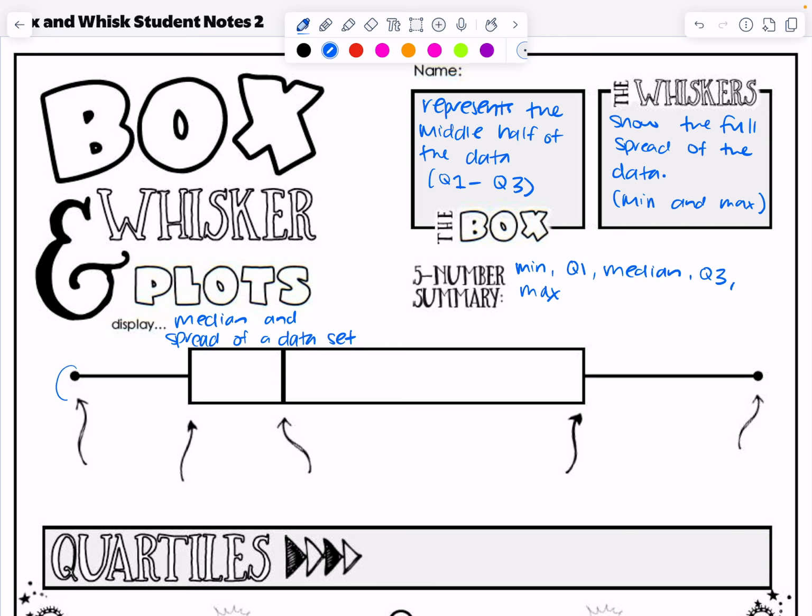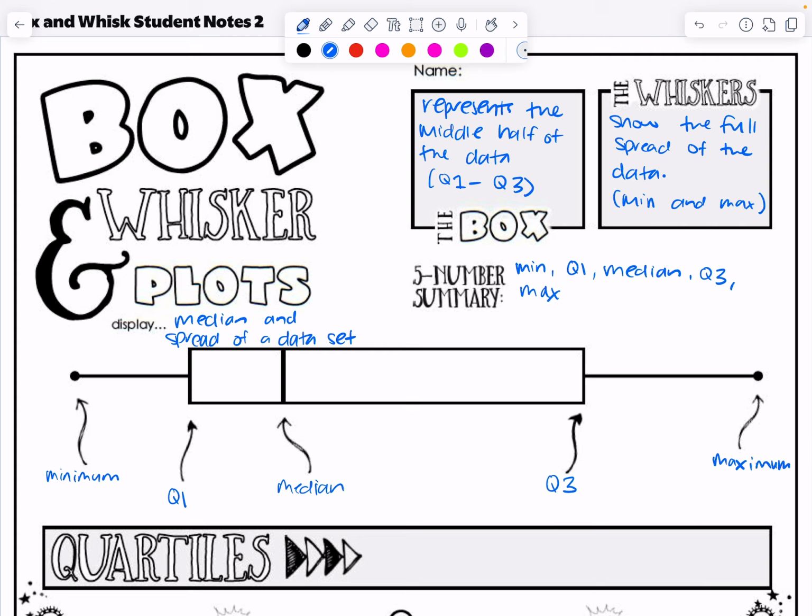This point here is the minimum. And here is where we would have the value for Q1 and the median in the middle here. And then here we have the Q3, the third or the upper quartile, and then lastly is the max.